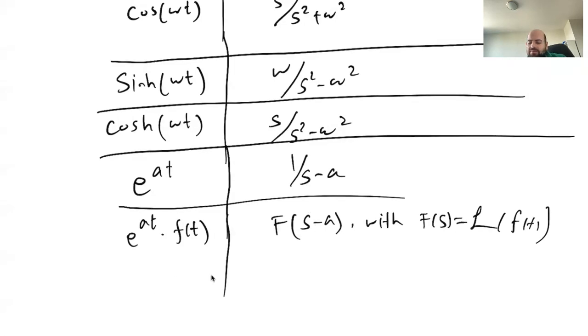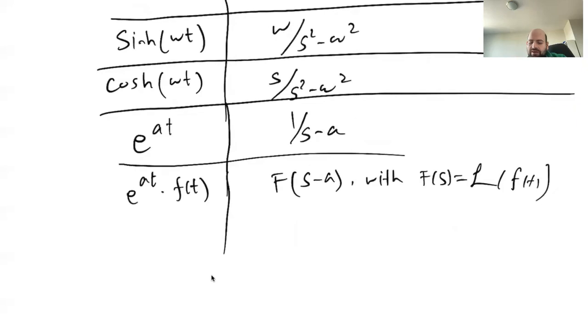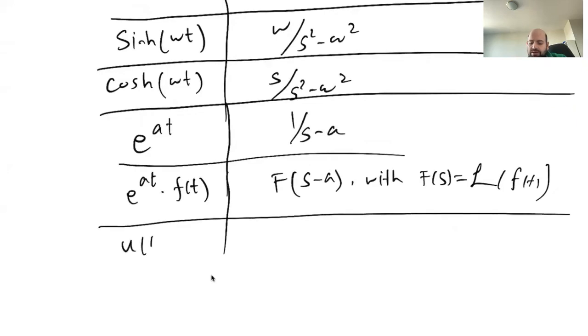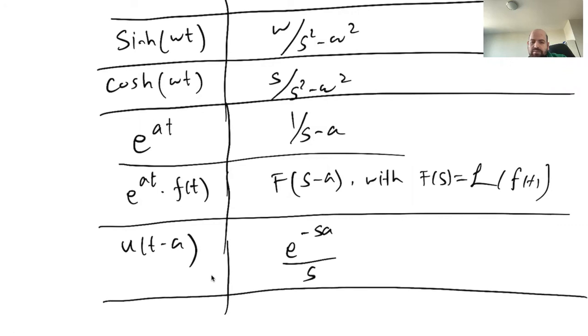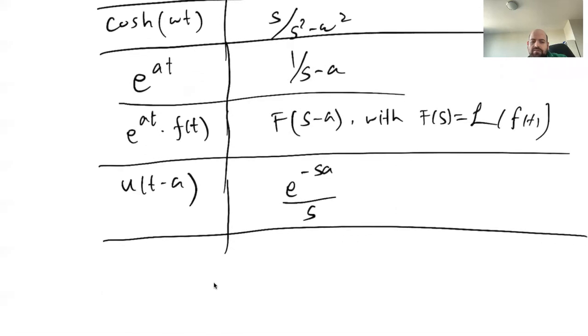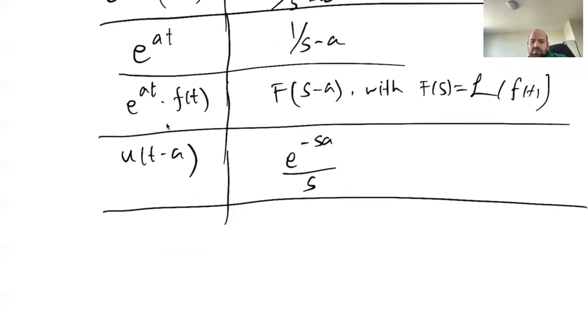And finally, for u of t minus a, the step function, we saw that the Laplace transform can be written as e to power minus sa divided by s. So these are the Laplace transforms of specific functions.